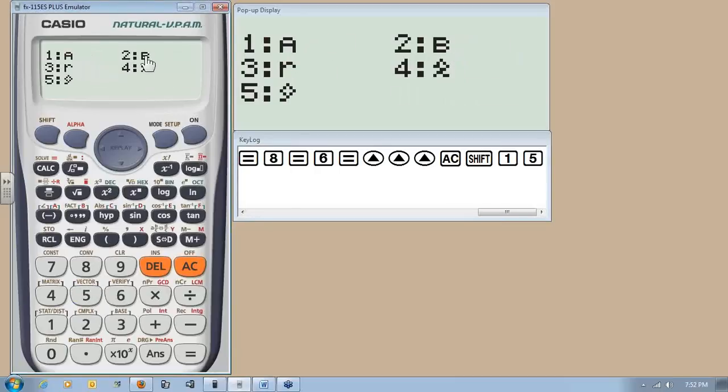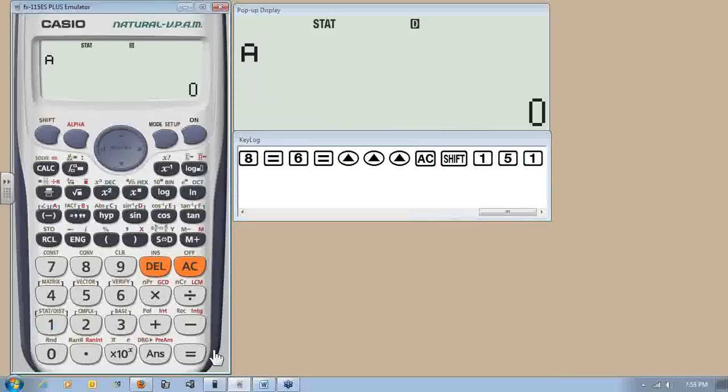You can find A, you can find B, you can find R, predict for X and predict for Y. So X hat and Y hat, you can predict Y given an X value, you can predict X given a Y value. So I'm in A plus BX mode, so A is going to be my intercept for that data set.